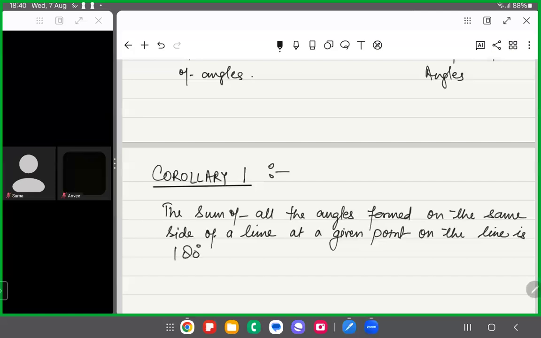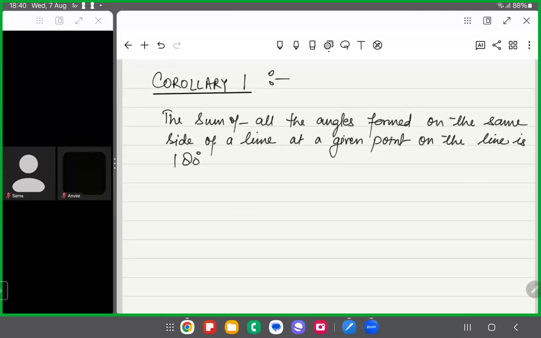So what is the corollary? The sum of all the angles formed on the same side of a line at a given point on the line is 180 degrees. What does it mean?